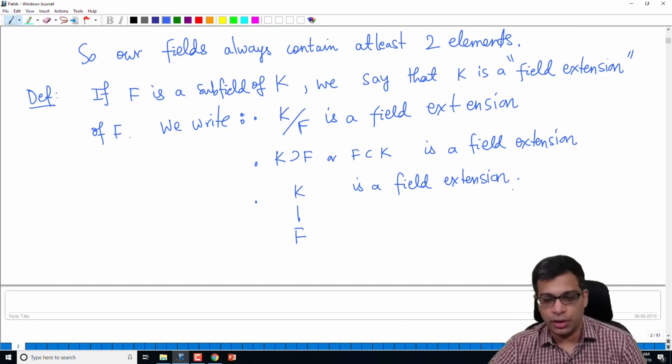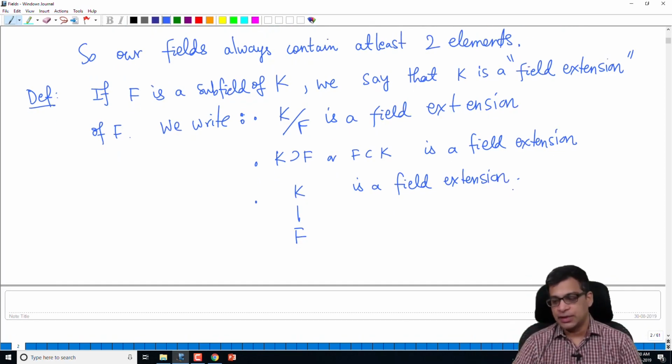Okay, so as I said, the study of fields has a very different flavor to the study of rings, where when we studied rings, we looked at ideals in a ring, we looked at quotient rings. When we quotient an ideal, we looked at morphisms, homomorphisms of rings, and various other issues, other constructions and objects. And subrings were not that important, right?